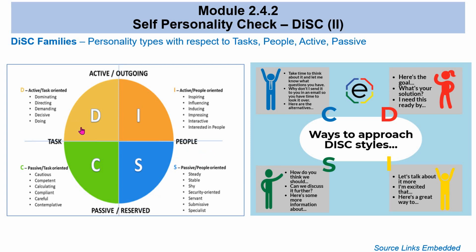Dominant people are more outgoing and active and more task-based. Influencers are also outgoing like the dominant people, but they are more people-oriented instead of task. Based on what we've discussed before, when you compare a manager and a leader, you would perhaps place a manager in a more dominant role, because they are more task-focused, while a leader focuses more on people and also needs to be outgoing.